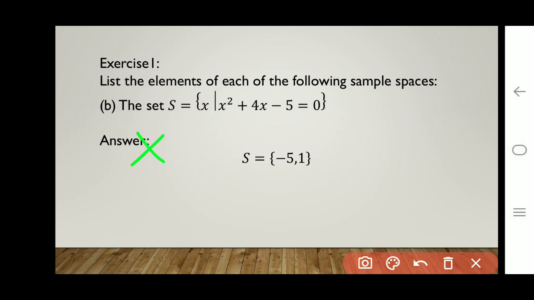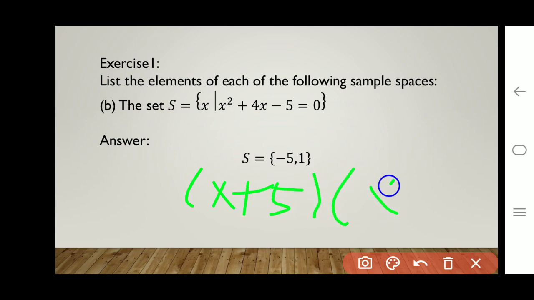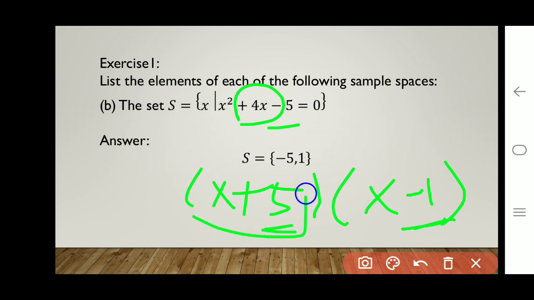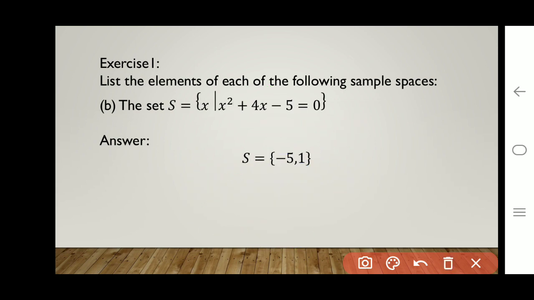Pwedeng masolve natin to through factoring. We have x plus 5 multiplied by x minus 1. Since, diba, kapag pinag-times nyo to, 5 times negative 1 is negative 5. And then, 5 plus negative 1 is positive 4. And then, kapag kinuha nyo na yung root ng x, that would be equal to negative 5 and 1. Therefore, yung element ng sample space natin is negative 5 and 1.